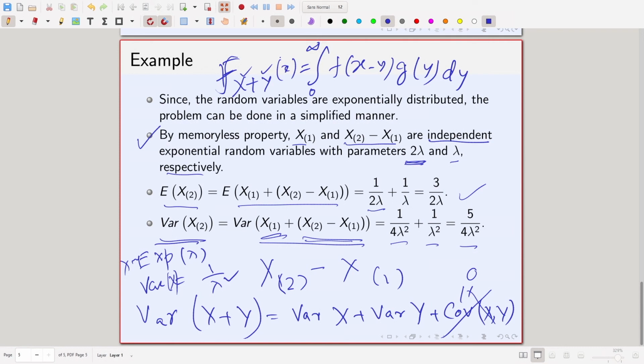Here again, since you can write x bracket 2 as x bracket 1 plus x bracket 2 minus x bracket 1, where x bracket 1 is exponential with parameter 2 lambda, x bracket 2 minus x bracket 1 is exponential with parameter lambda, and these are independent, you can use the convolution formula.